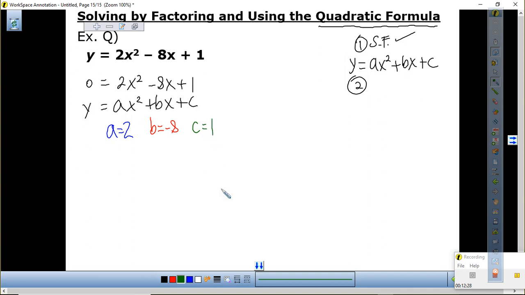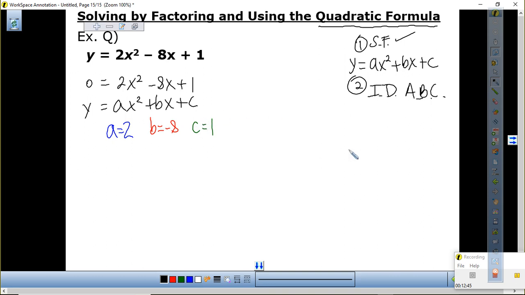Tell your neighbor what you will call step 2. ID what? A, B, C. That is correct. Step 2 is to ID A, B, C. So you're just paying attention right now. Don't copy yet. You'll copy at the end.